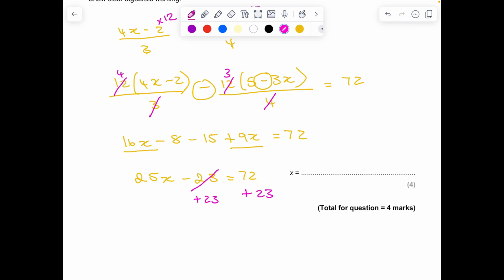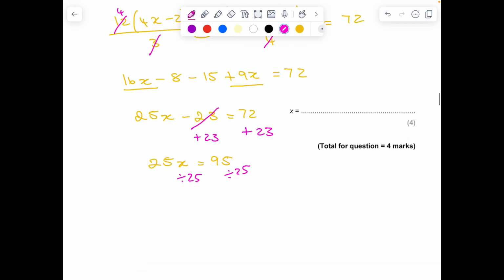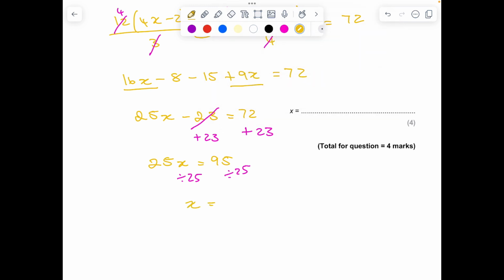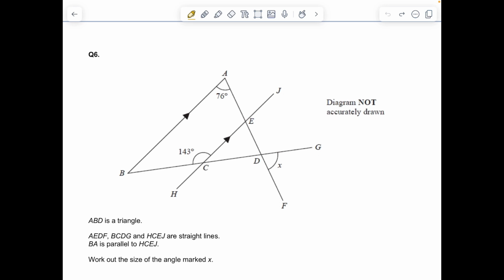And I have 25x equals 95. And so now I am going to divide both sides by 25. Again, you can use your calculator. So 95 divided by 25 gives you 3.8. So x equals 3.8.